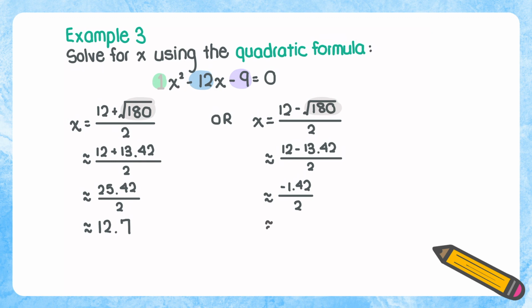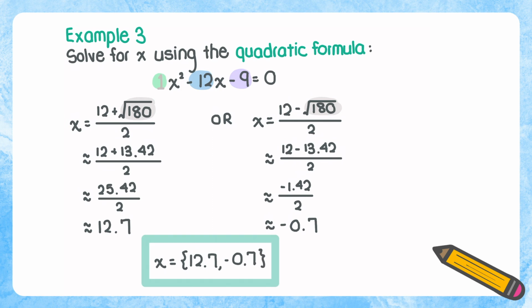And so negative 1.42 divided by 2 is about negative 0.7. So x is either 12.7 or negative 0.7. And these aren't exact answers. Again, they're rounded here. But yeah, we use the quadratic formula to solve for x.